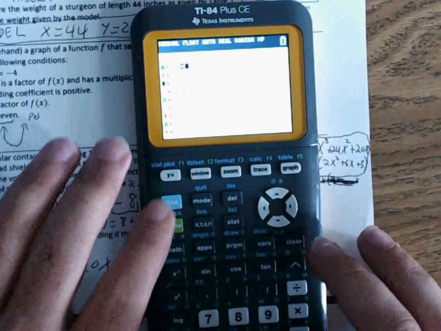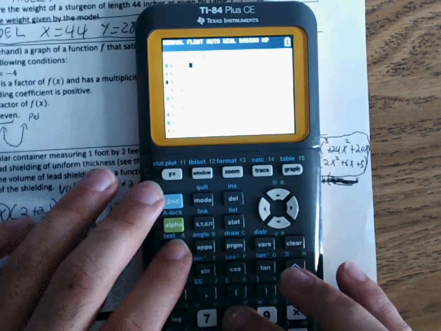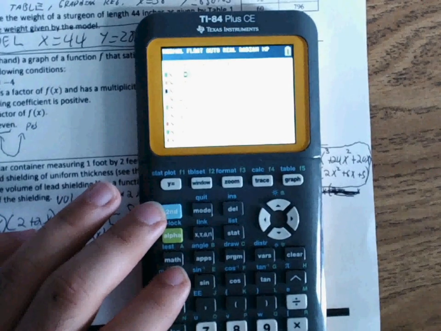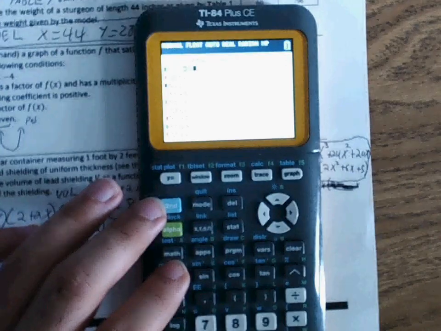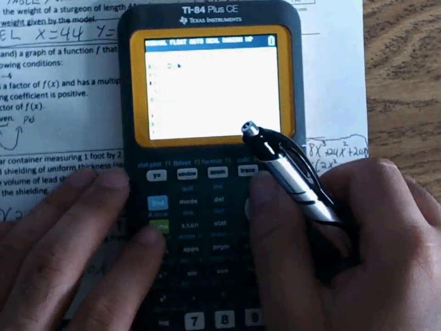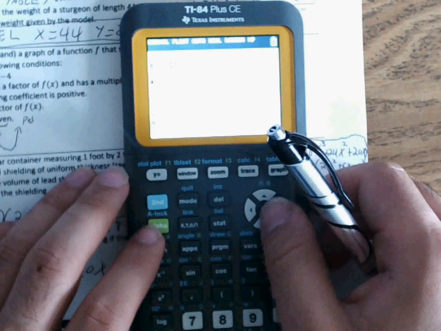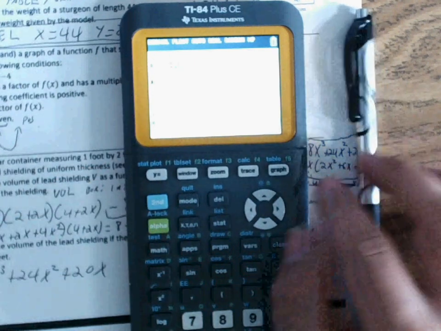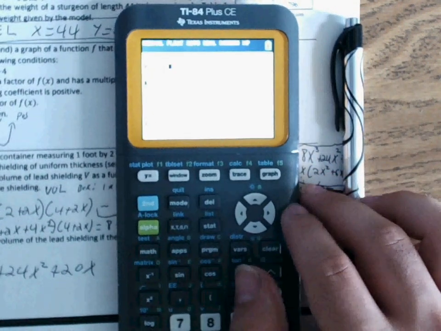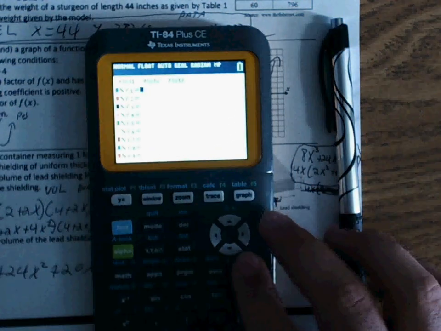Sorry, I want to make sure that you can see it. So I'm trying to get it so you can see everything in your calculator.